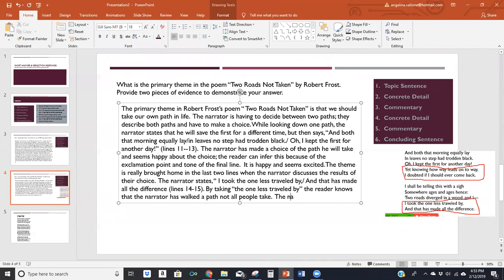The reader also knows that the narrator is happy with the choice because they say it has made all the difference.